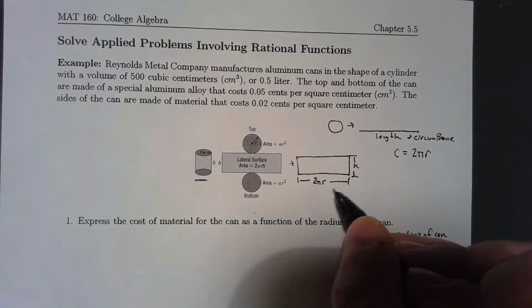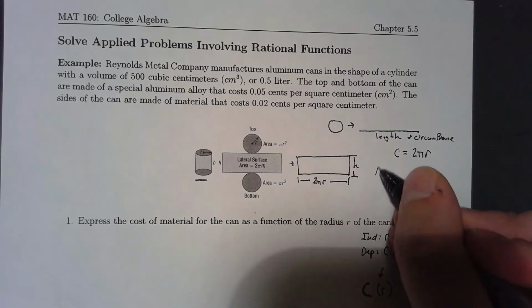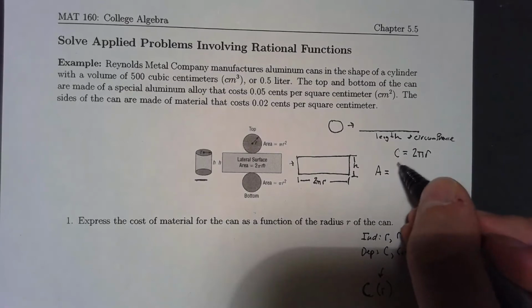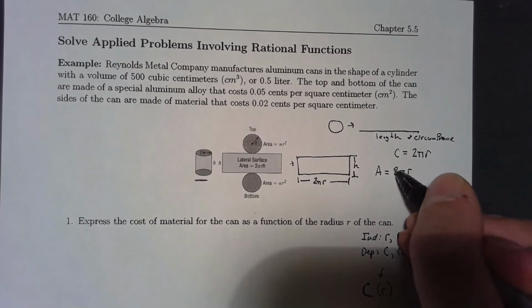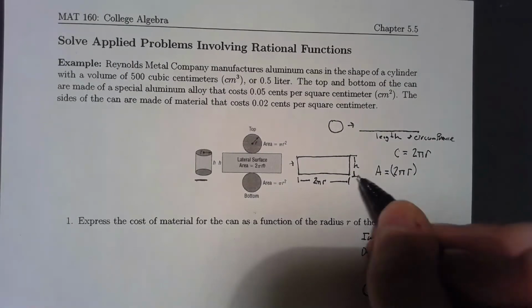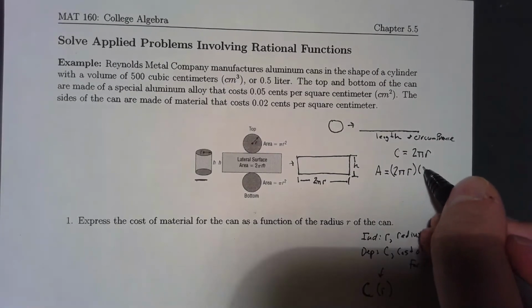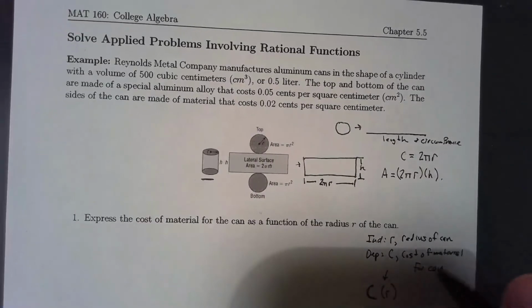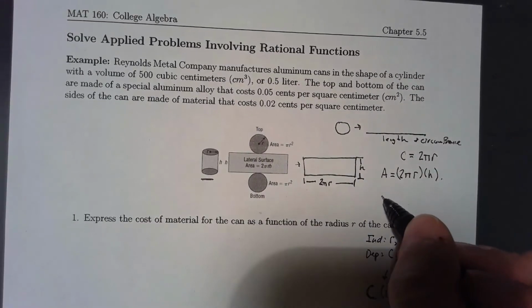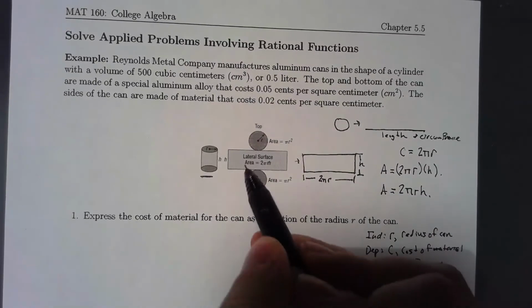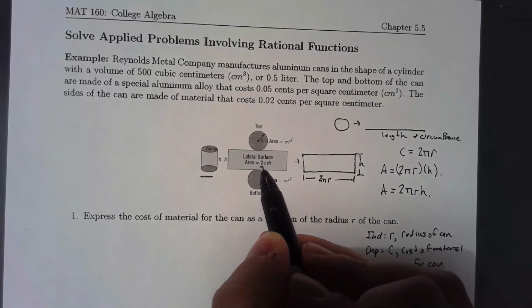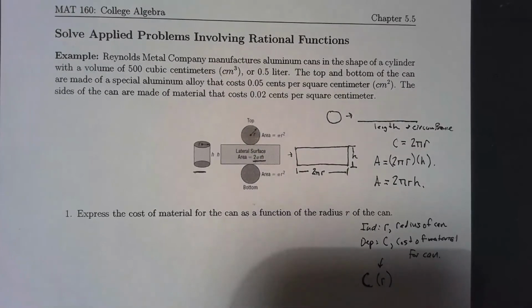In this case, the length is 2 pi r, times the width, which is h. So the area of the can's side is 2 pi r h. And that's why you see it right there. All right.